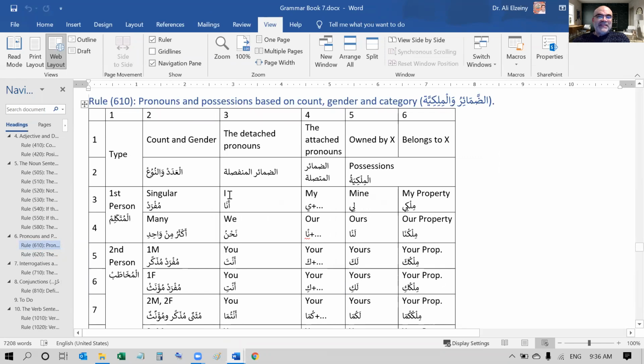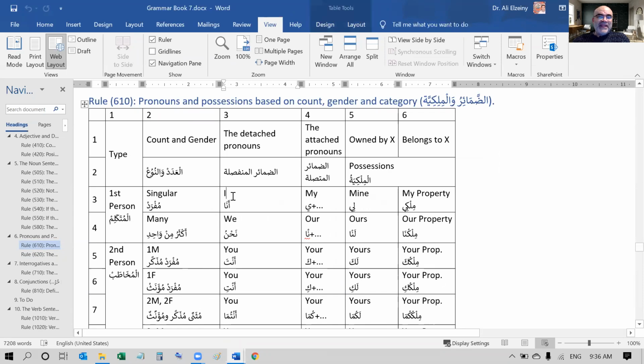For example, detached pronouns: I is ana, we is nahnu. That's for the first person. And for property, to say "my" you attach the y at the end. So sayyara becomes sayyarati, warda becomes wardati, asal becomes asali.